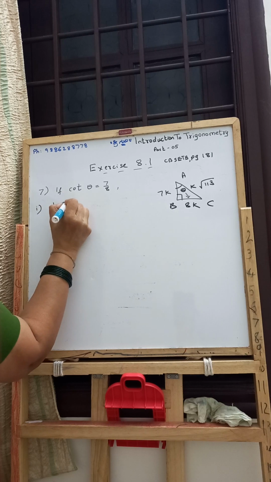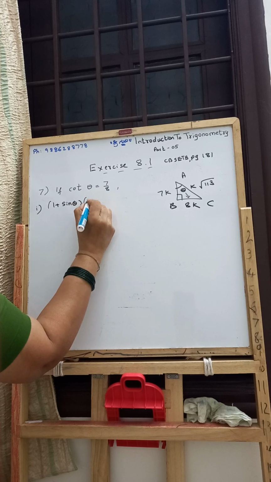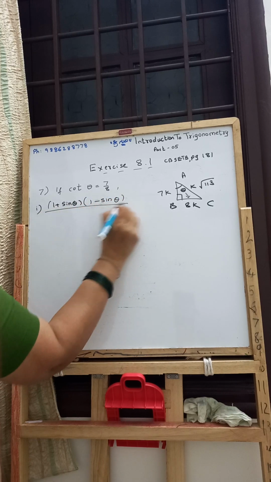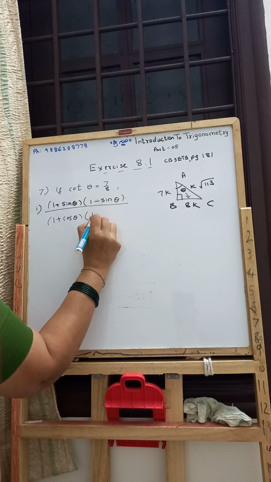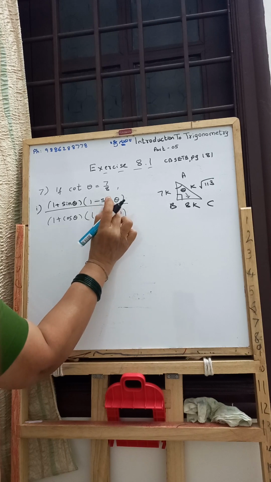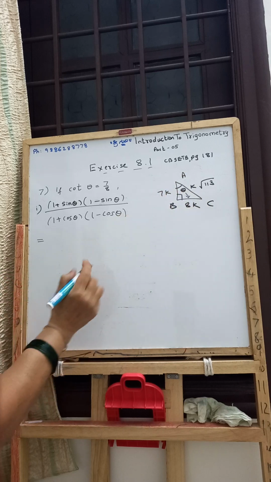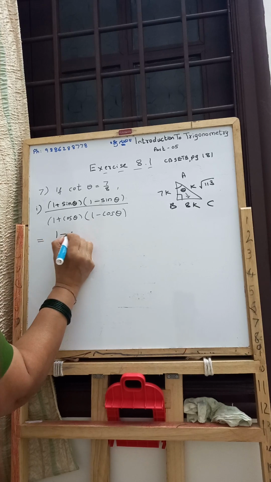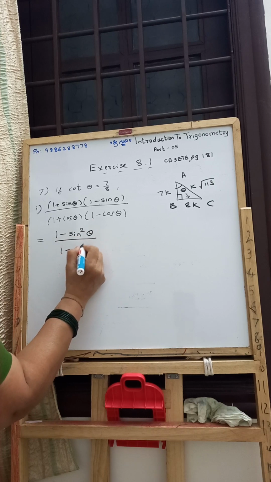1 plus sin theta into another bracket 1 minus sin theta divided by 1 plus cos theta into another bracket 1 minus cos theta. We have to evaluate this value. By substituting the values we have found, we can write this is equal to 1 minus sin square theta upon 1 minus cos square theta.